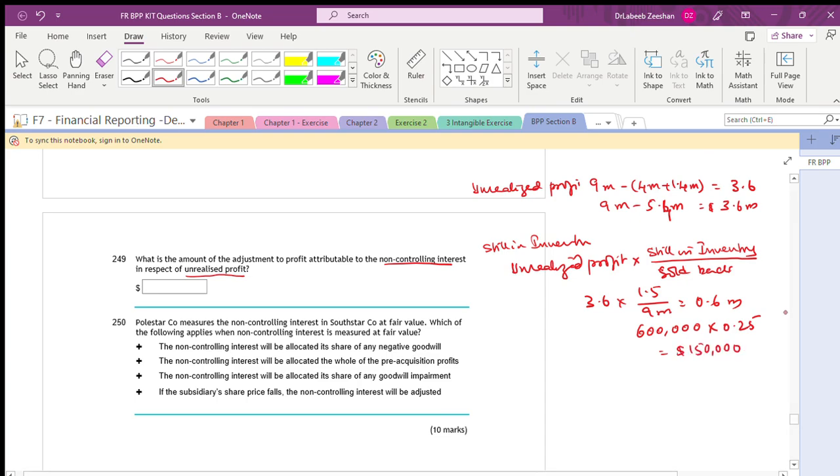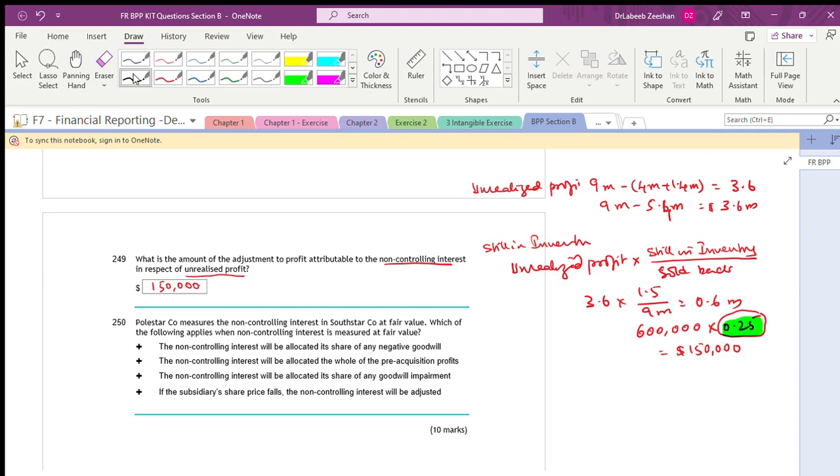This is the percentage of South Star, the NCI, 0.25.